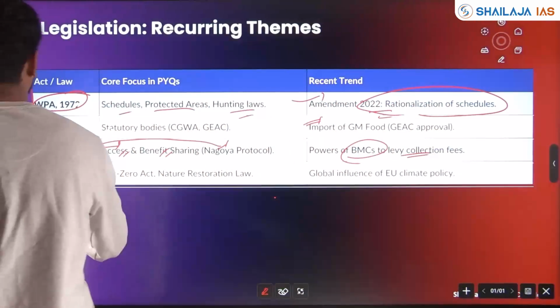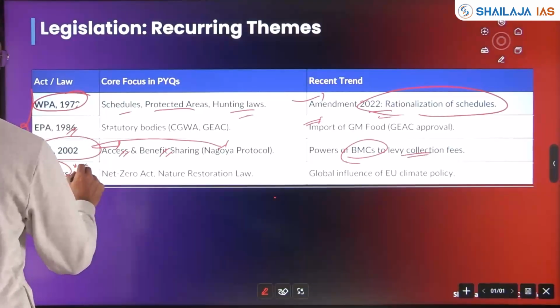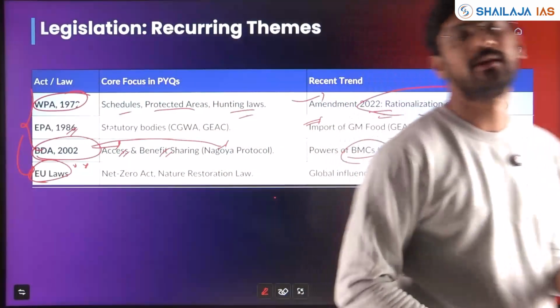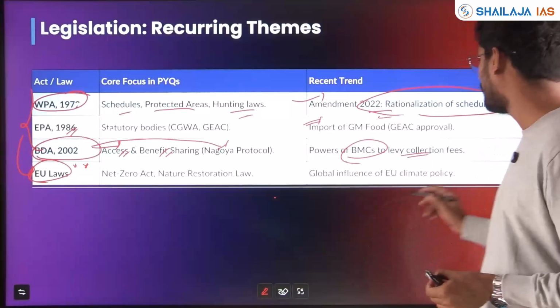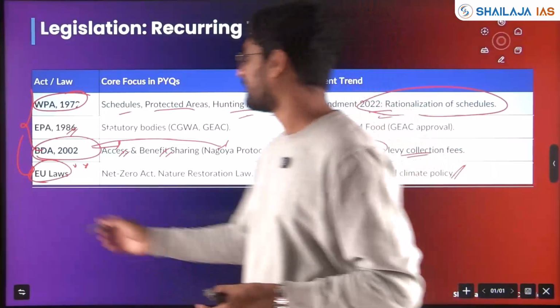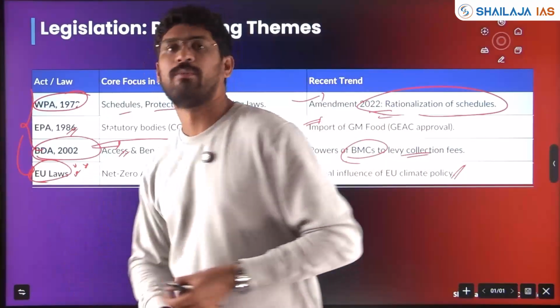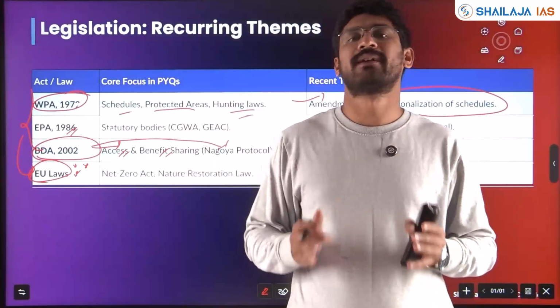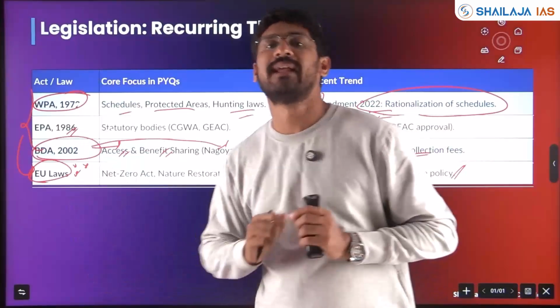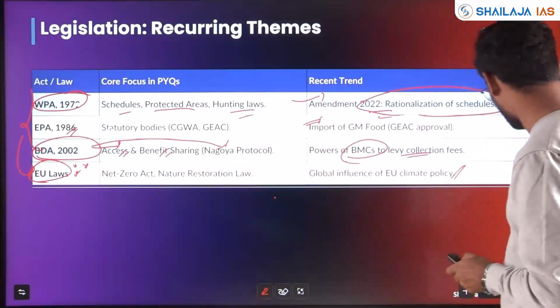Then all these laws linked to, for example, global laws, the Net Zero Act, the Nature Restoration Law of the European Union. Mainly the European Union with respect to climate change, global acts, and any global conventions, laws, acts also become important linked with environmental laws.